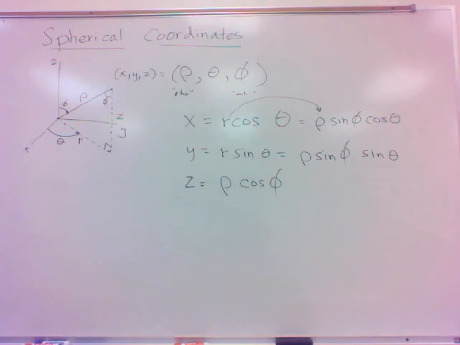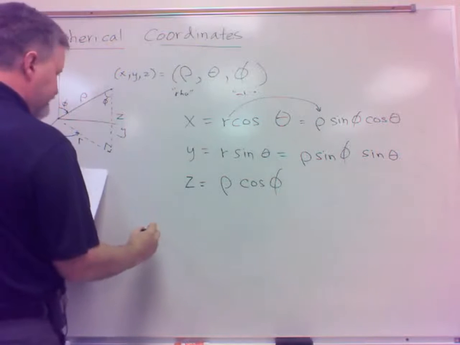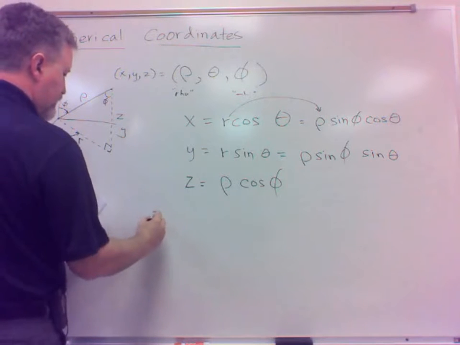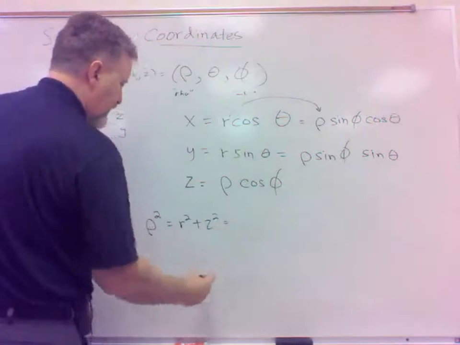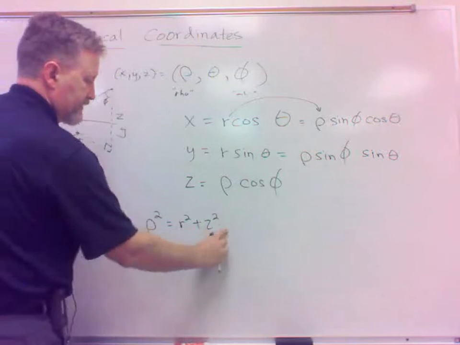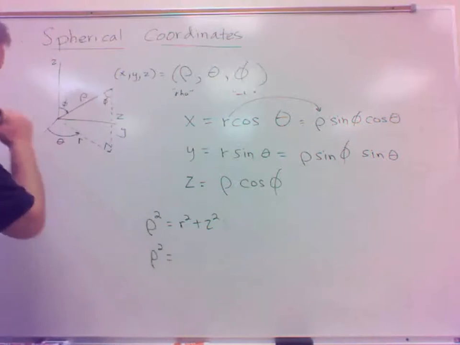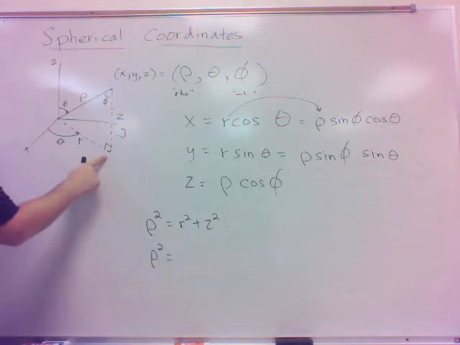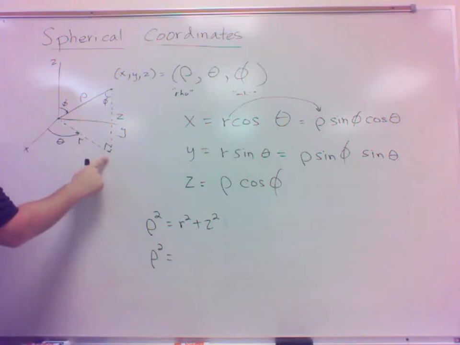Okay? And one other quick point here. Again, we know that rho squared equals r squared plus z squared. And from polar or cylindrical, we know r squared equals x squared plus y squared.